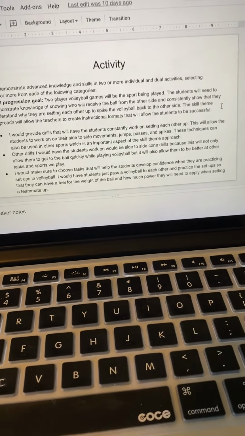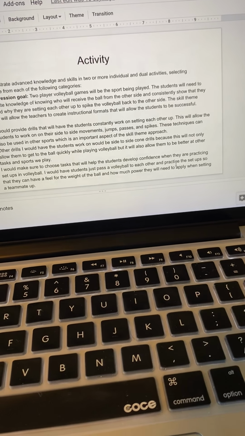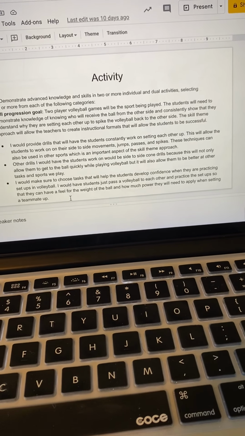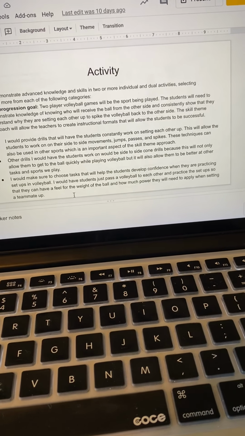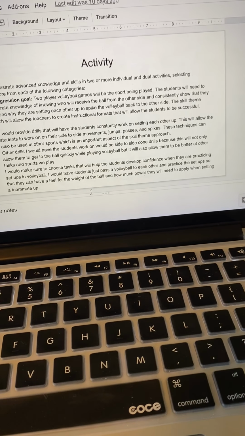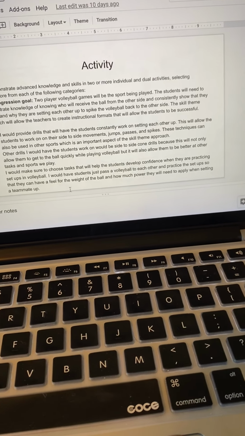And lastly, I would make sure to choose tasks that will help the students develop confidence when they are practicing setups in volleyball. I would have students just pass a volleyball to each other and practice setups so that they can have a feel for the weight of the ball and how much power they will need to apply when setting a teammate up.